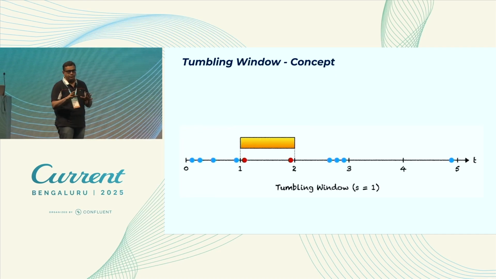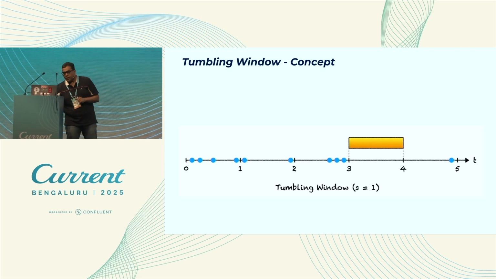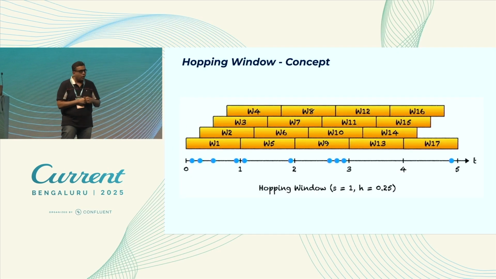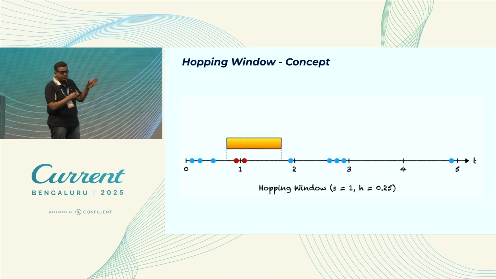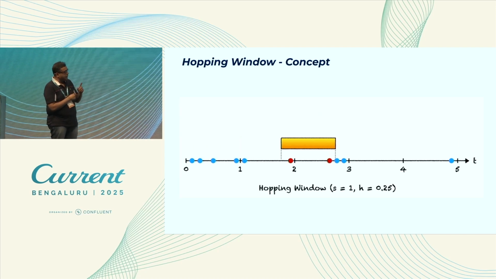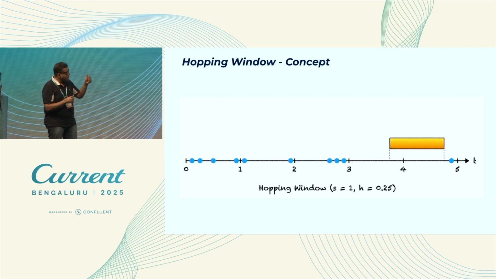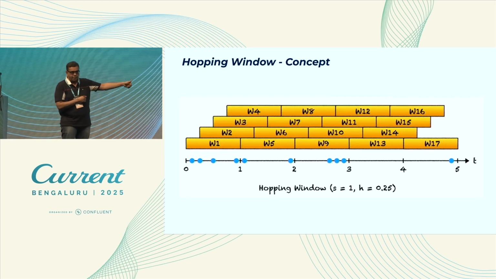You get it now? Now there is another concept called a hopping window. In a hopping window there is this slider, and although it has a size of 1 hour, it moves every 15 minutes.